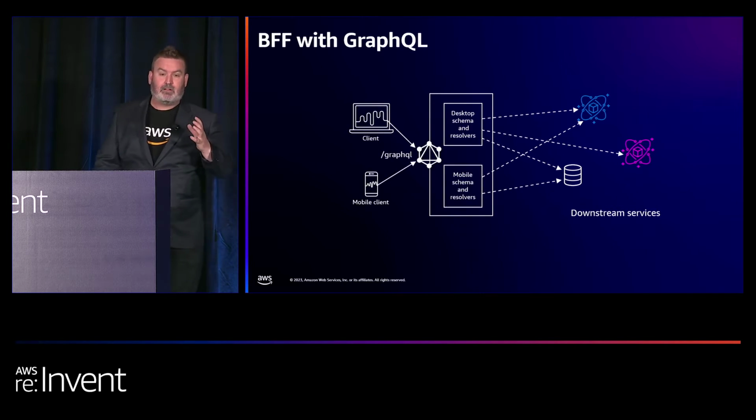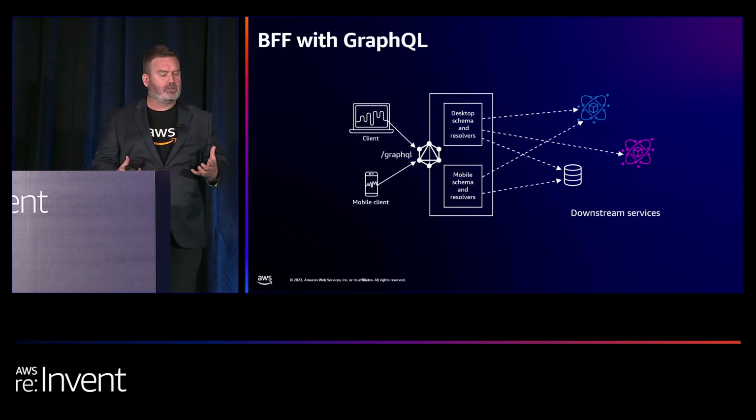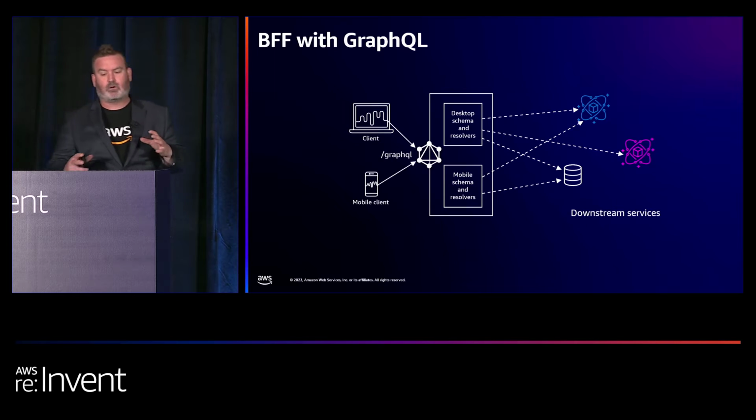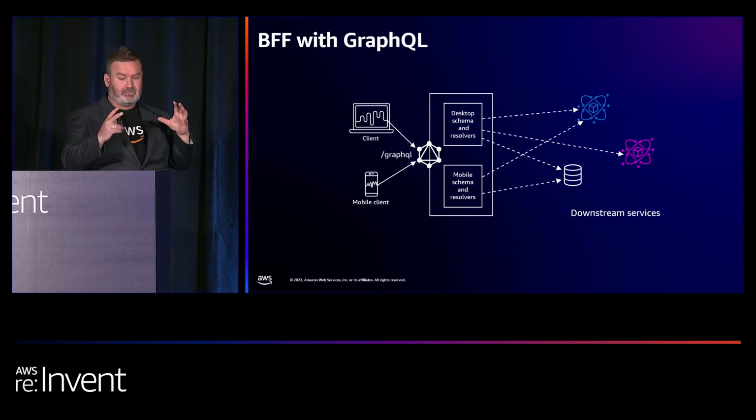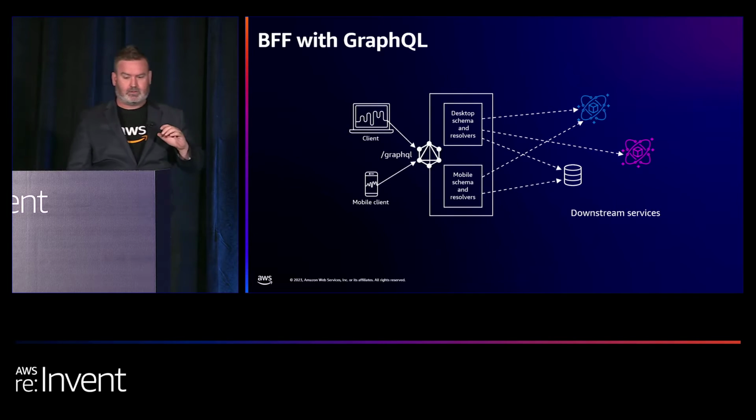So the backend for front-end pattern with GraphQL seems like the next evolution in APIs, moving the power of querying the required data specific to the user experience into the client itself instead of within the backend. However, this in itself brings its own concerns. The first concern here is duplication.